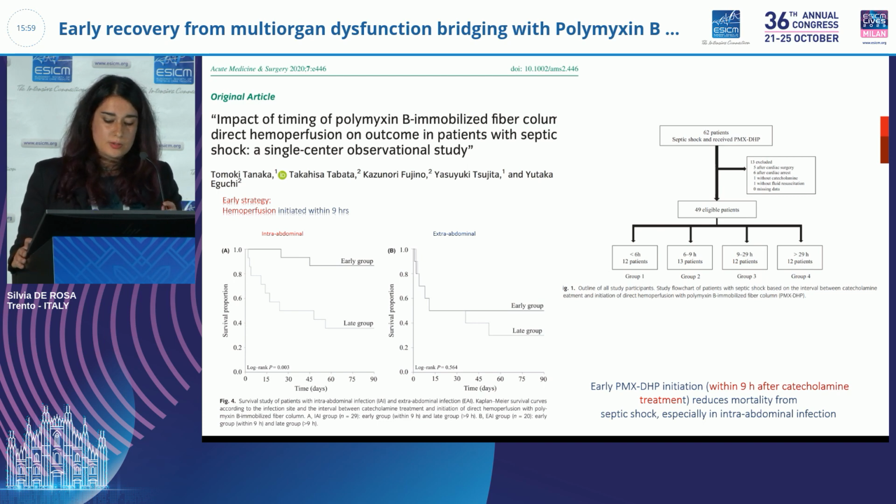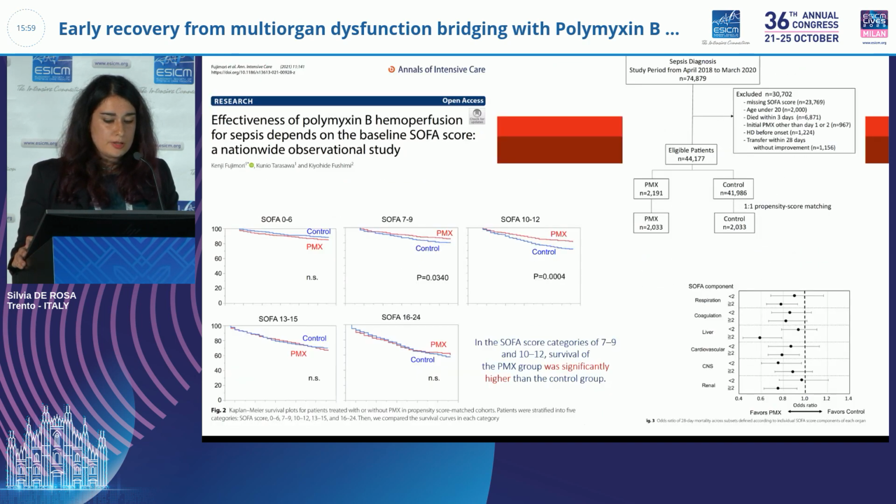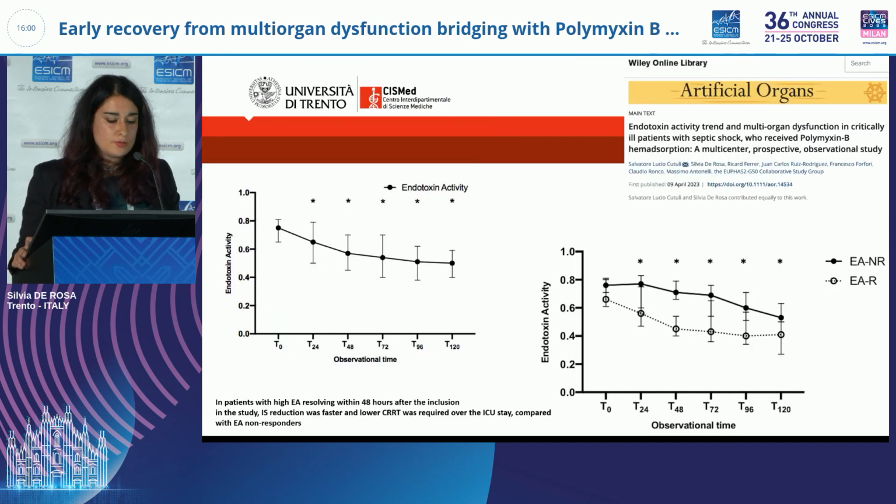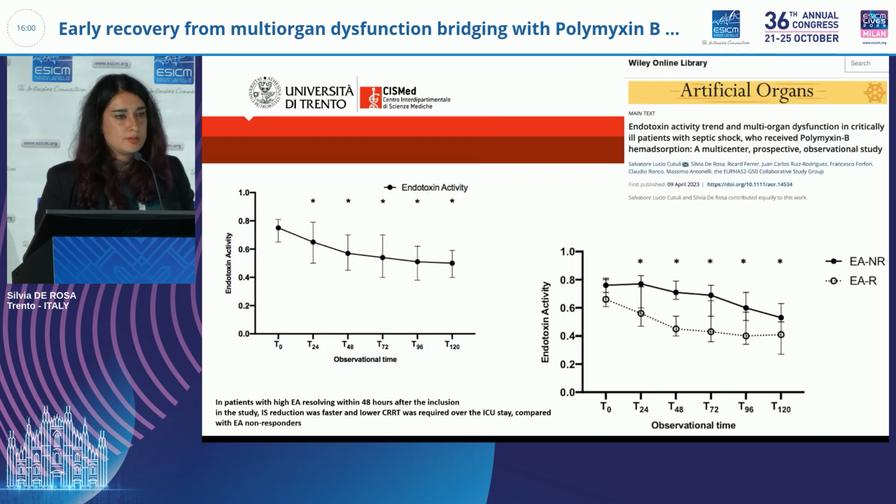But we know that probably if we initiate this treatment, particularly in patients with intra-abdominal shock, within 90 hours after catecholamine treatment, we can decrease mortality. And particularly in patients with SOFA categories of 7 to 9 or 10 to 12, we can have an improvement in survival. So those are the data.